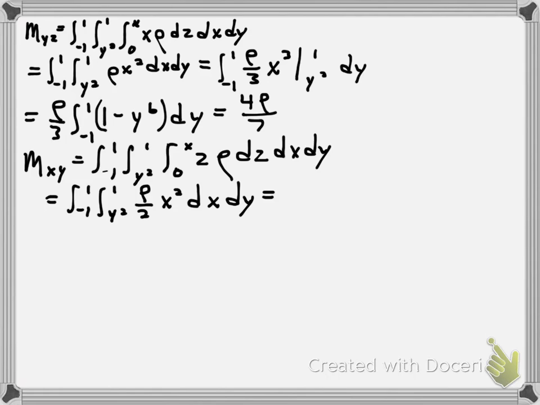Now when we integrate with respect to x, I'm going to move out coefficients in front, so we're going to end up dividing by 3, so we're going to have a rho over 6 integral from -1 to 1 of x cubed, limits of integration are y squared and 1.